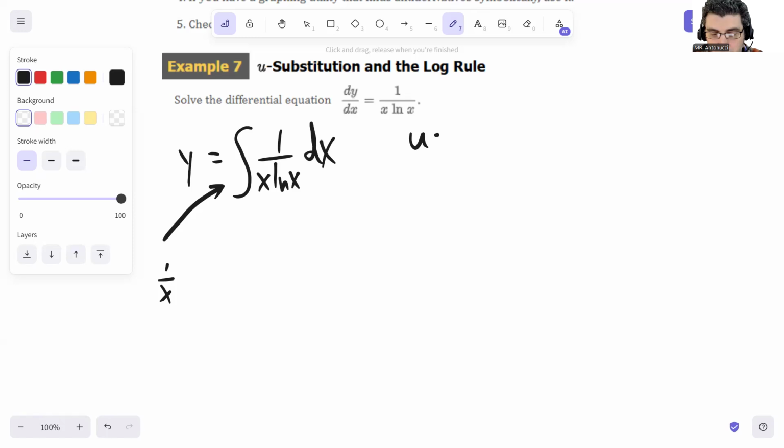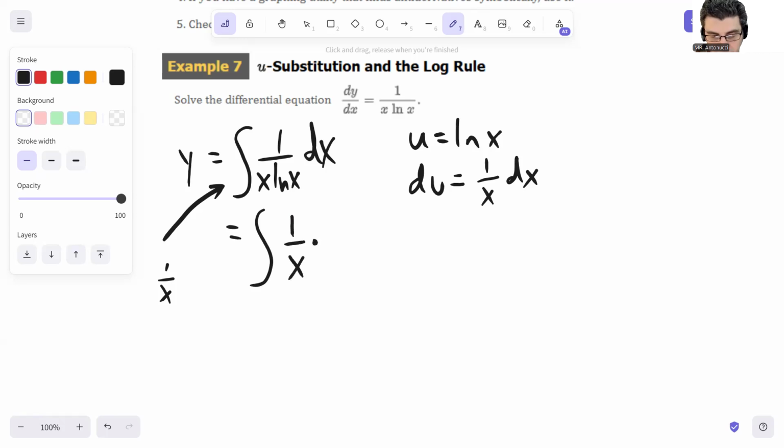So if we pick our u to be the natural log, then du is 1 over x dx. It might be helpful if I rewrite the integrand as 1 over x times 1 over natural log x dx.